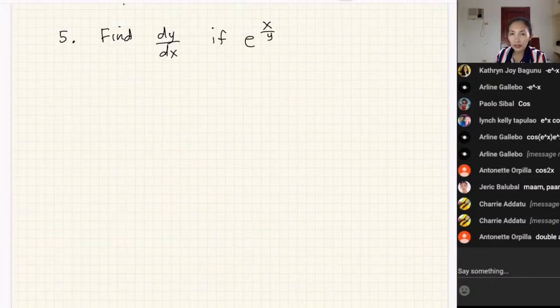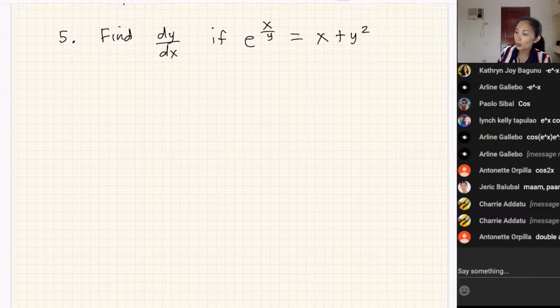How about if the given is an implicit function? E raised to x over y is equal to x plus y squared. Find dy over dx if e raised to x over y is equal to x plus y squared.